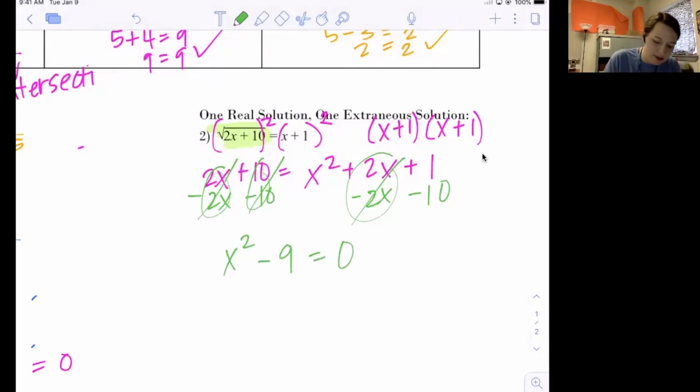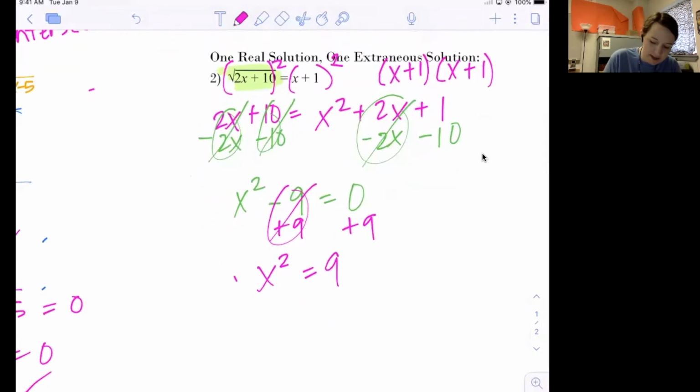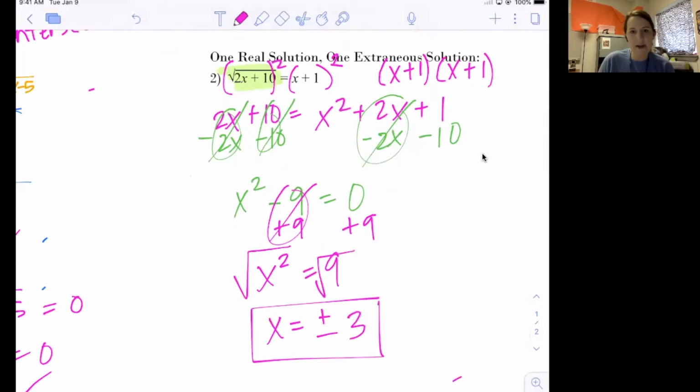So for this particular problem, we're going to be able to just add 9 on both sides. We have x squared equals 9, and then take the square root. We get x equals, remember, anytime we take the square root of a value for our solution, we have to put plus or minus. So we have two solutions, x equals +3 and x equals -3.